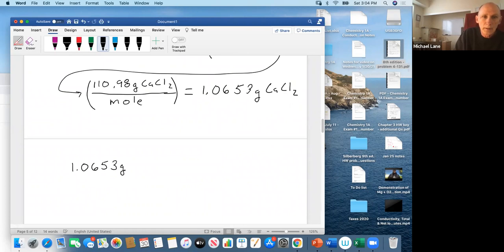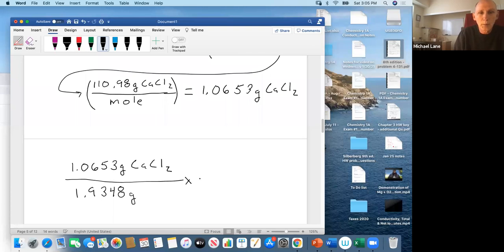Well, 1.0653 grams calcium chloride in a sample size, pardon me, that number was 1.9348. And of course, we multiply by 100 to get to percentage.